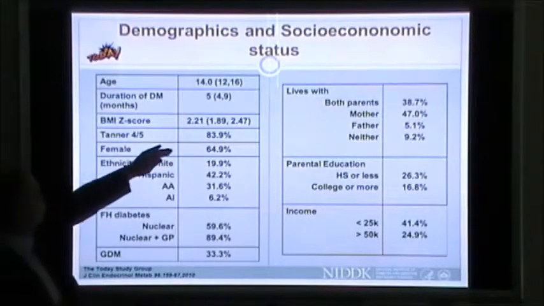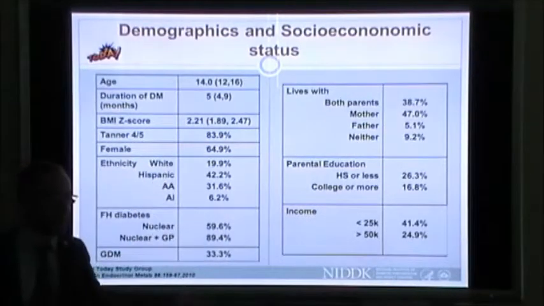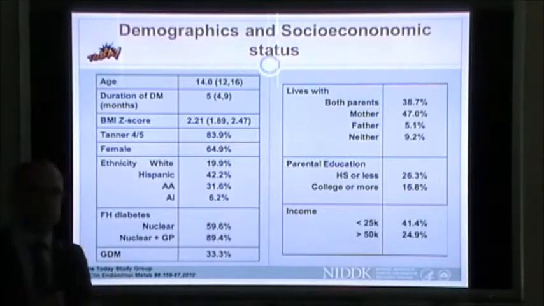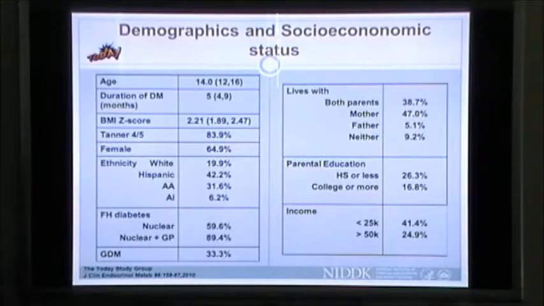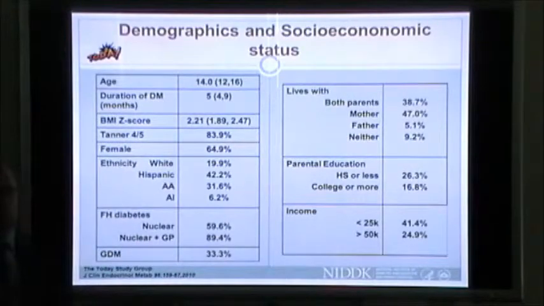And by the way, the girls were a year younger than the boys, as you'd expect if this is being driven predominantly by Tanner stage. Nobody in this study was less than Tanner stage 2, so these kids were all pubertal.